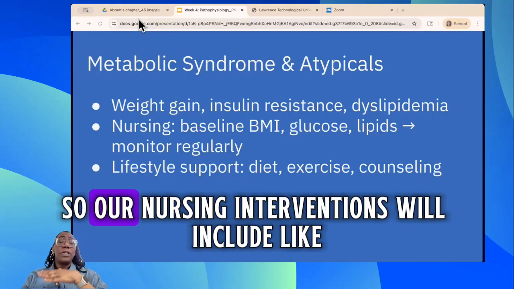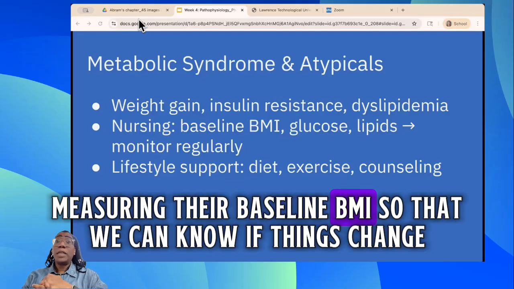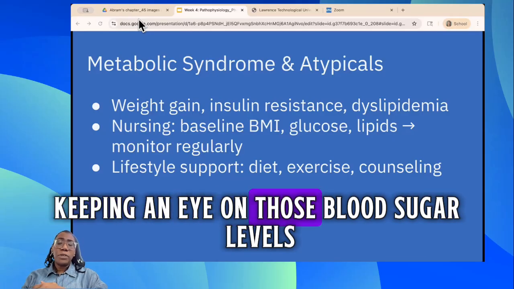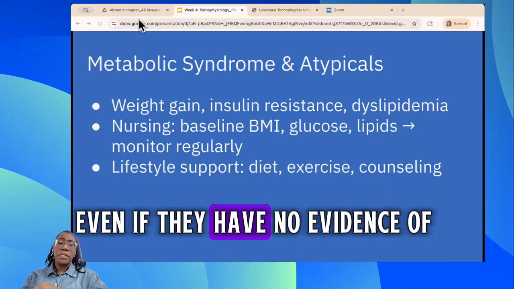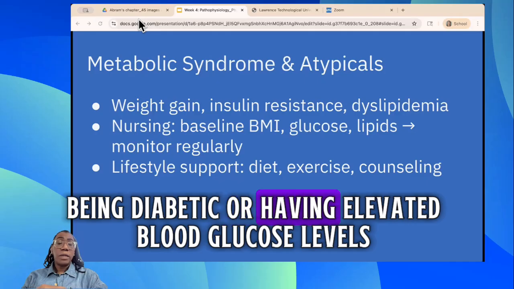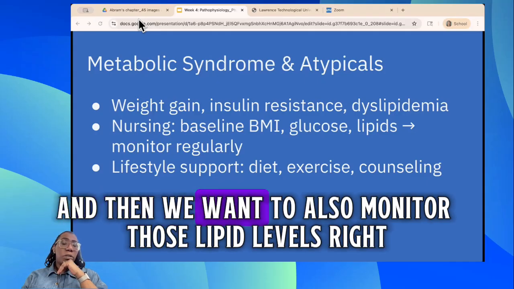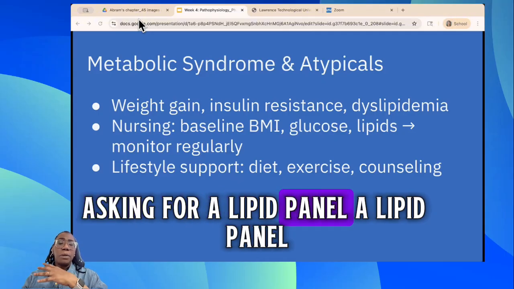So our nursing interventions will include measuring their baseline BMI so that we can know if things change, keeping an eye on those blood sugar levels, even if they have no evidence of being diabetic or having elevated blood glucose levels. And then we want to also monitor those lipid levels, asking for a lipid panel.